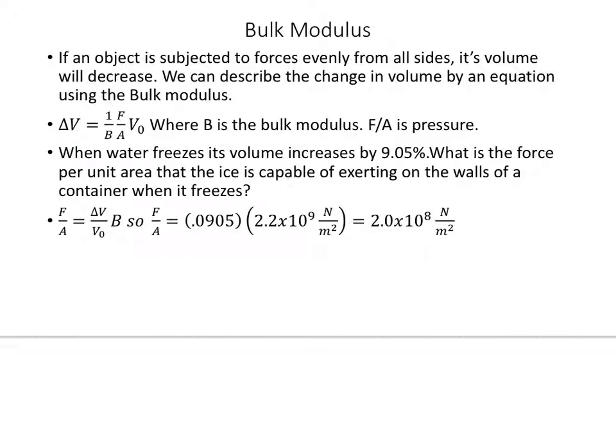So delta V is equal to 1 divided by the bulk modulus times the pressure, the force per unit area that's being applied, and V0, which is the initial volume. Notice that this equation is very similar to the two previous ones that we have studied, the Young's modulus and the shear modulus.